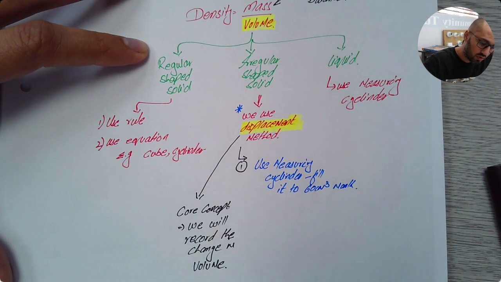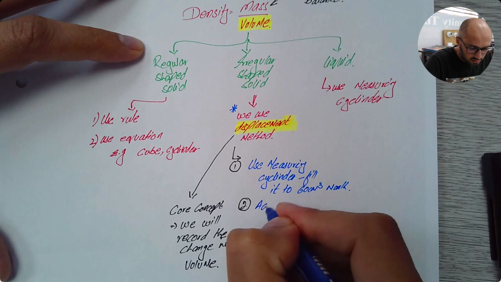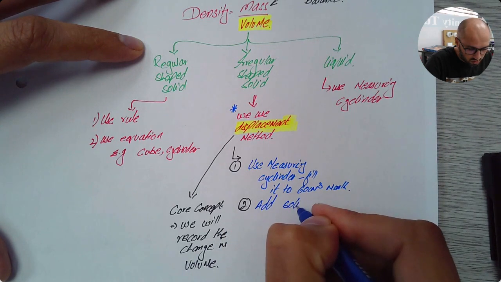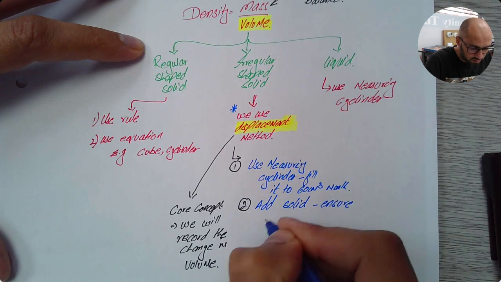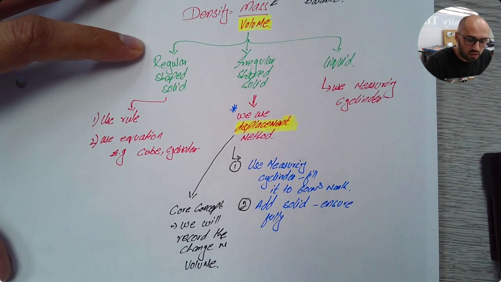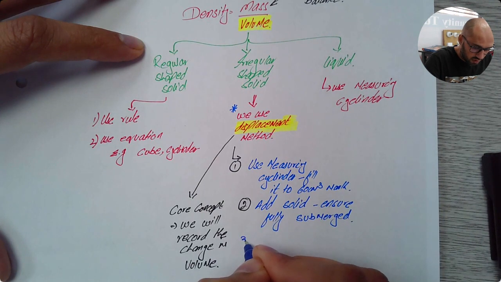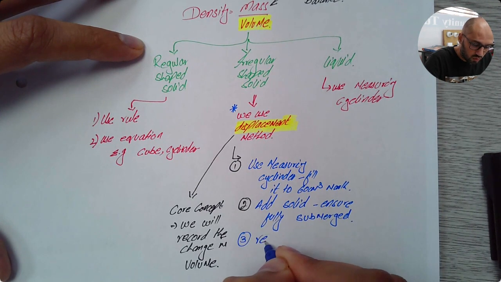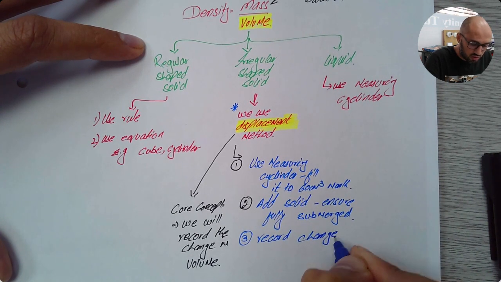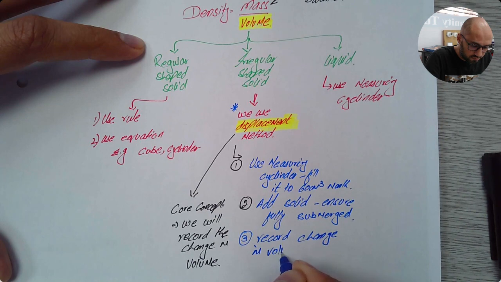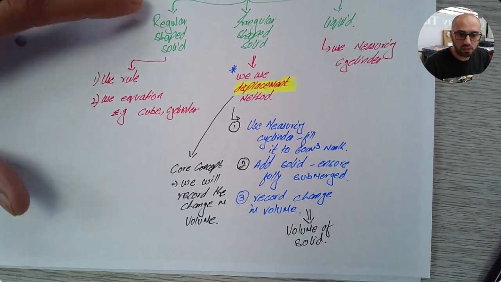And then number two, I'll say add solid. You have to make sure you say ensure fully submerged. Number three, you will then record change in volume. And this volume will be our volume of solid.